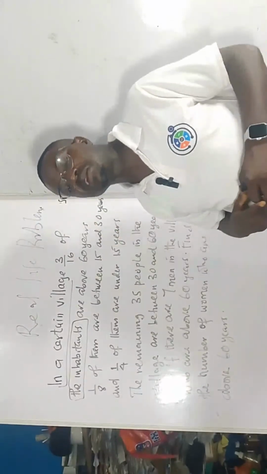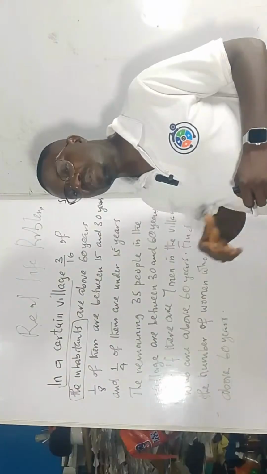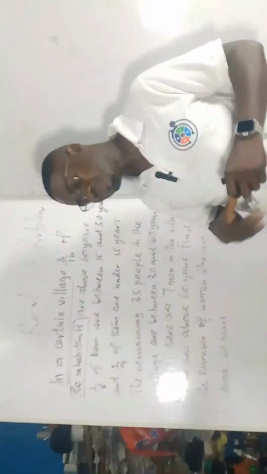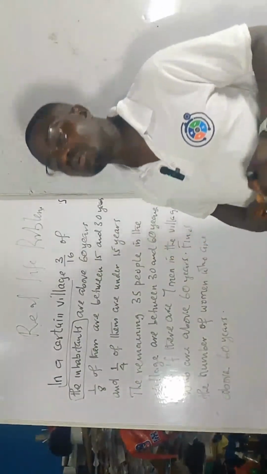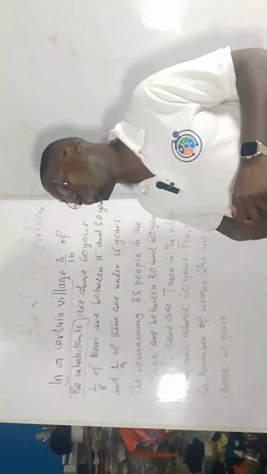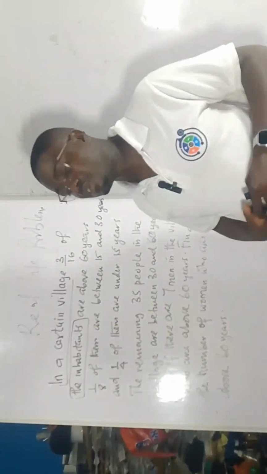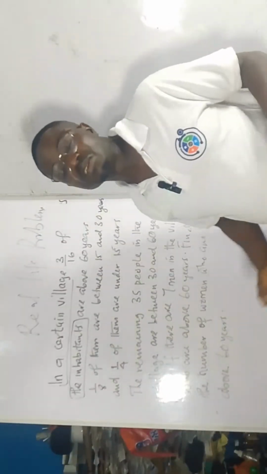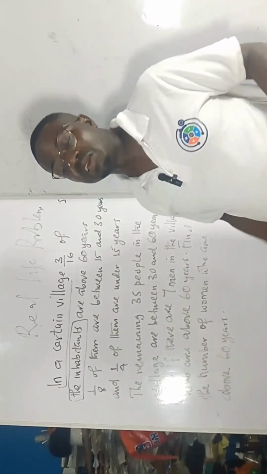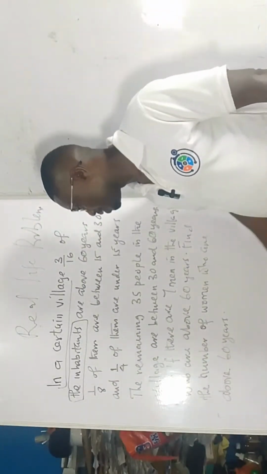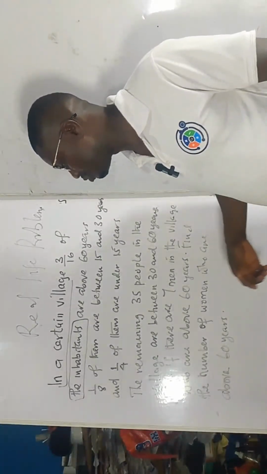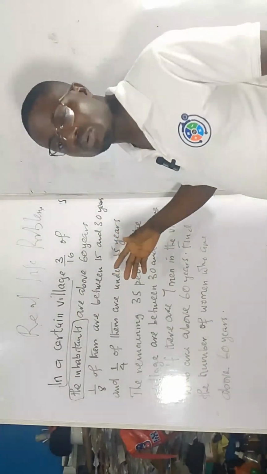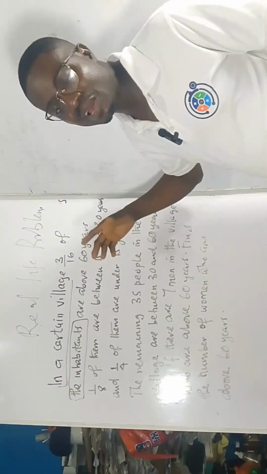An inhabitant is a person who stays in a particular place, in other words, a resident, or those who stay in a particular area. So when it comes to inhabitants, we don't really know how many they are.